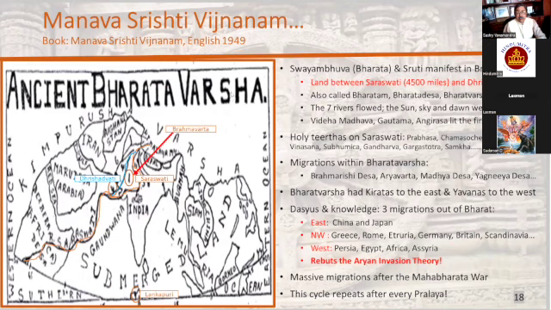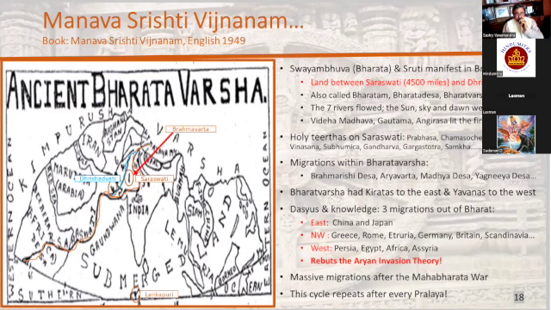And what is Bharatavarsha? So Bharatavarsha is, if you look at India over here, I've tried to identify 2 rivers here. One is called the Drishadvati, which is in blue, and the Saraswati, which is in brown.